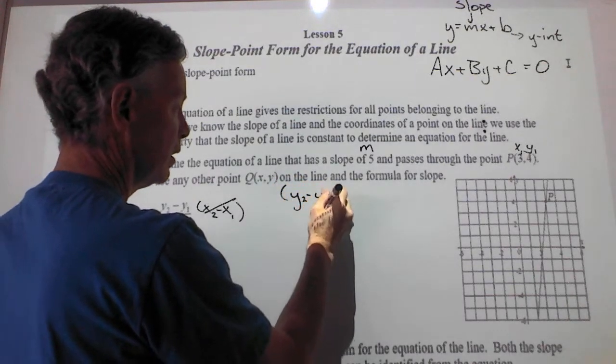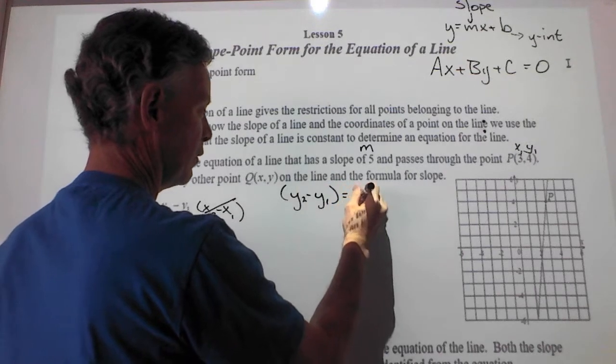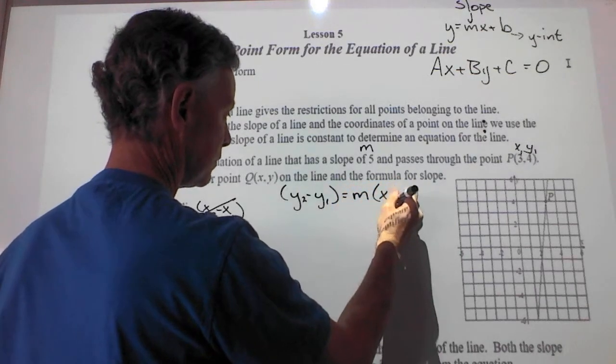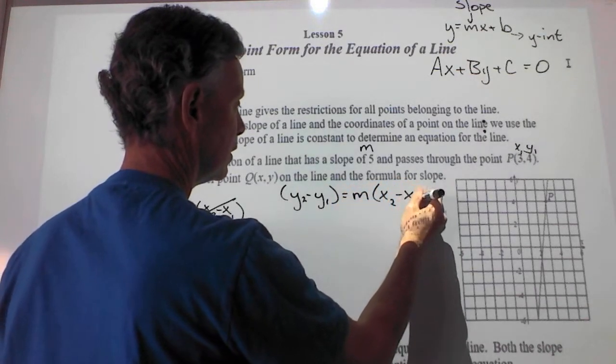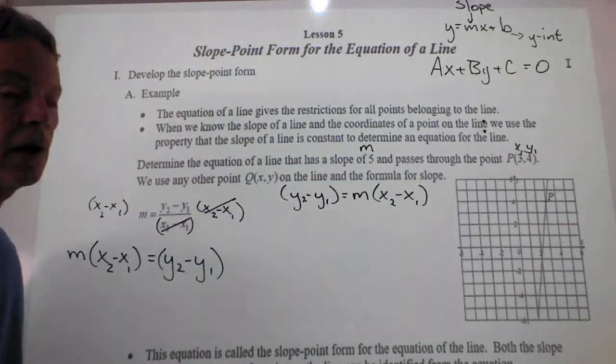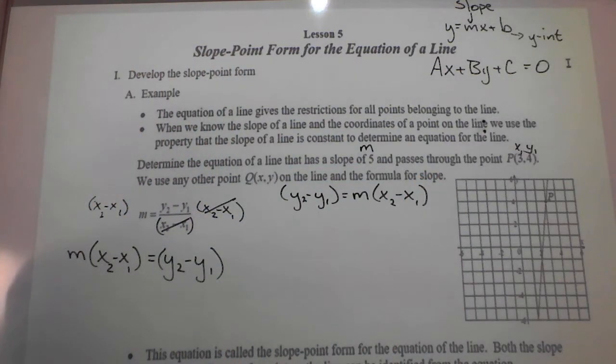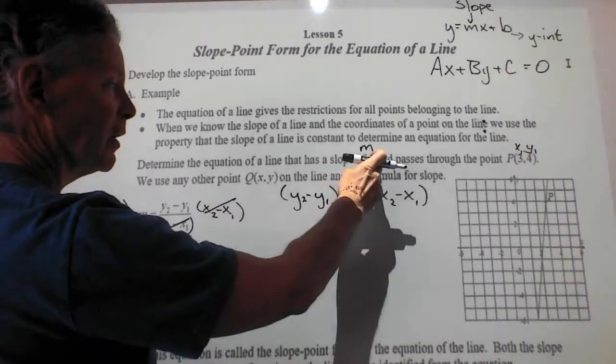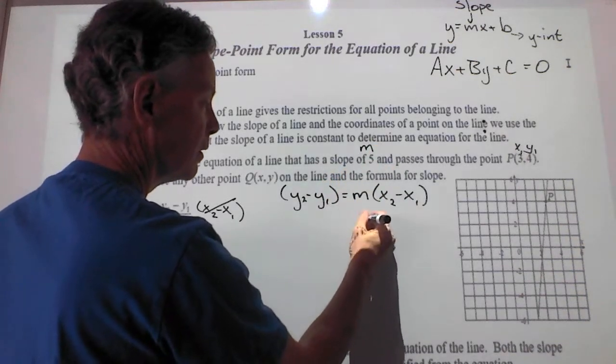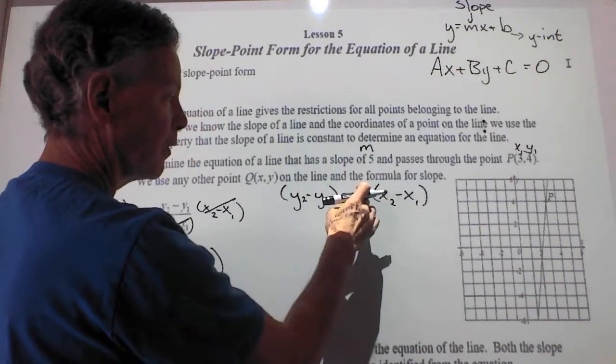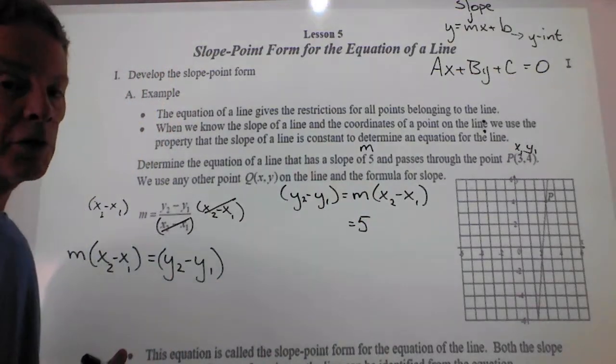which is y2 minus y1 equals slope times x2 minus x1. Okay? Now again, remember, they've given us the slope. So where you see m, you can sub in the slope.